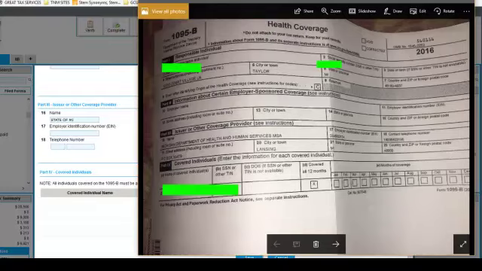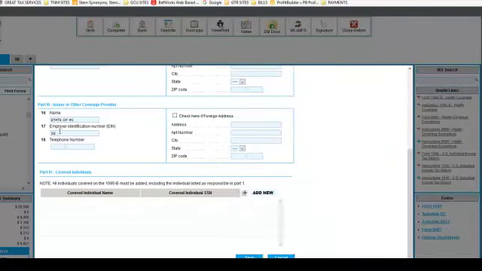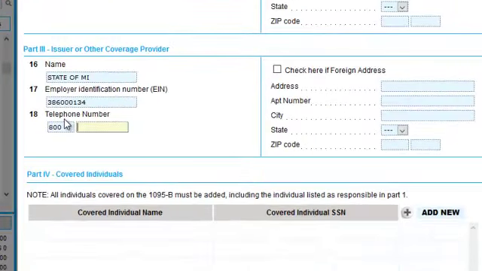So the name, social has been crossed out, but as you can see, what we wanted was the employer ID number, and I think that is here, 38-6134. Telephone number I think is 800-642-3195.